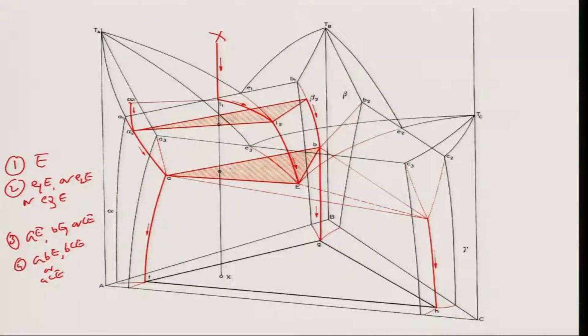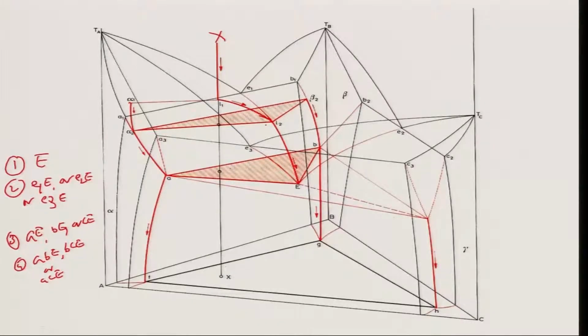You can see this L1 L2 curve is meeting the trough, or rather the valley, small u1 to capital E. Because it hits that valley, it has to crystallize both alpha and beta. That is why I have drawn a triangle with the composition of alpha given by alpha 2, the composition of beta given by beta 2, and the liquid L2. So, this is a 3 phase equilibrium between alpha 2, beta 2 and L2.